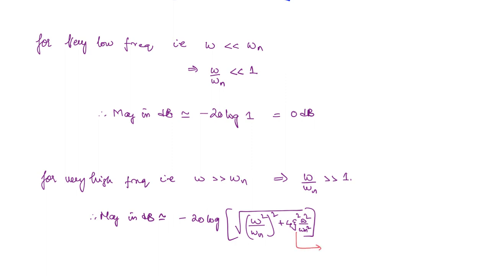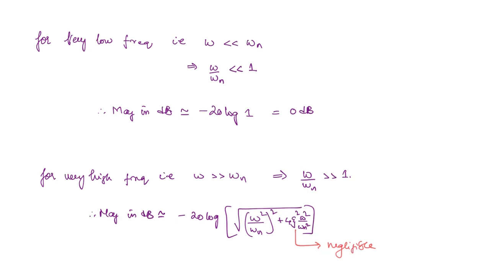But this term also you can take as negligible. Why? Because here you have omega by omega n whole to the power 4. Here there is only square term. In addition, zeta is less than 1 and zeta square is present. So this whole term will become negligible.